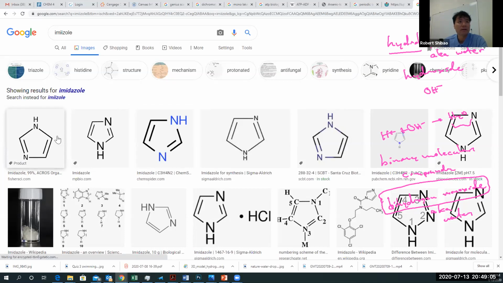Imidazole is one of these that has an acid and a base, and it turns out the base is much stronger than the acid. So the pH is actually greater than 7, but it can act as an acid because there's an acid part of it here. But that's getting into more advanced topics.